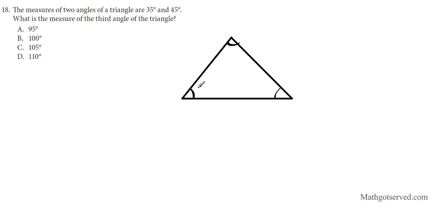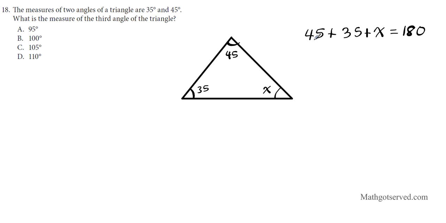Okay? So if this is 35 and this is 45, and let's say this is x, if I add all these three angles together, I will get 180. So the equation we're solving here is 45 plus 35 plus the third angle, we called it x, equals 180. Okay, that's the triangle angle sum theorem. The sum of interior angles of a triangle is 180.